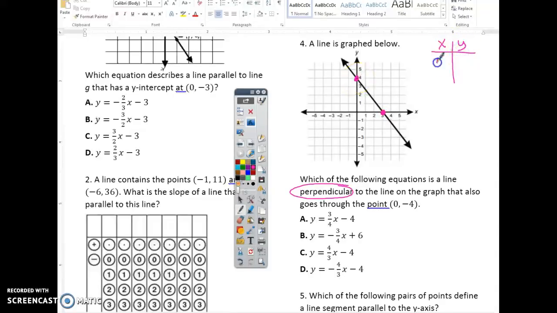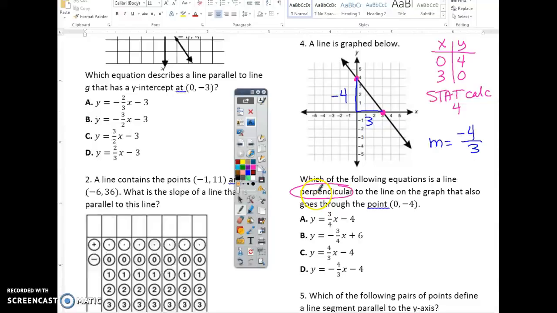So that point is 0, 4, and that point is 3, 0. So you can put that in stat, calc 4, and get the equation and find the slope that way. Or do rise over run. From left to right, you go down 4 over 3. That's a negative 4 over 3. So the slope is negative 4 over 3.